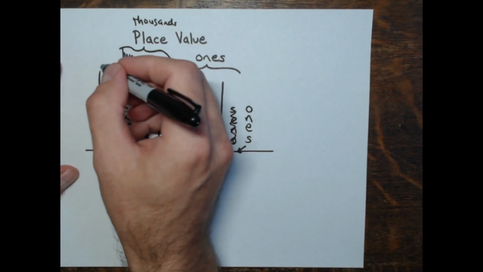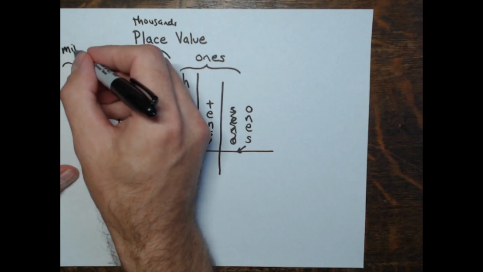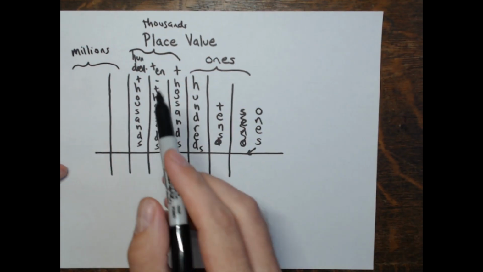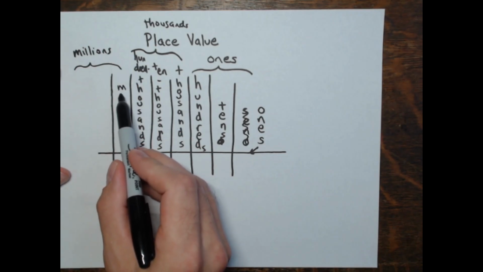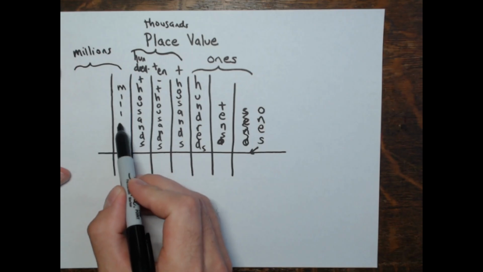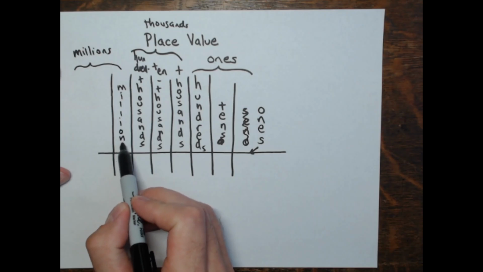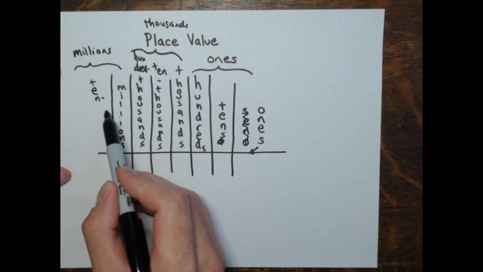And then the next three are the millions period. Right, then the billions and the trillions. So after the 100,000s place, you have millions. So just single millions, then 10 millions.